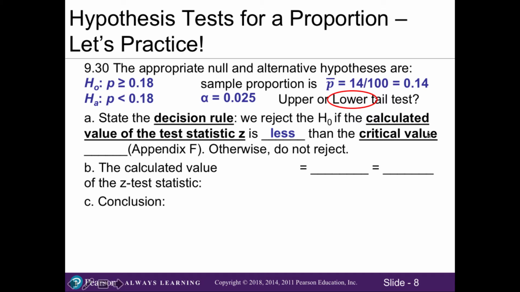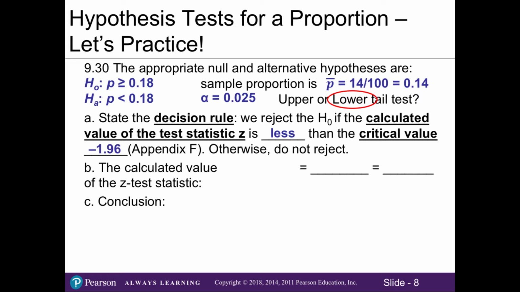To get the critical value, you'll go to the Appendix F, and again, we're just working with z-values. So you're going to use that infinity row at the bottom of the appendix. First, we'll look for our one-tail row up at the top, move to the right until we get an alpha value of 0.025, and then go all the way down that column in the Appendix F until we get to the infinity row, which tells us that the critical value z that we're going to use for this problem is 1.96.